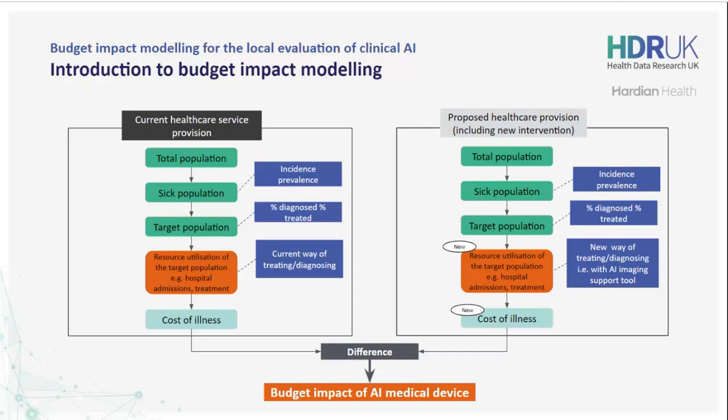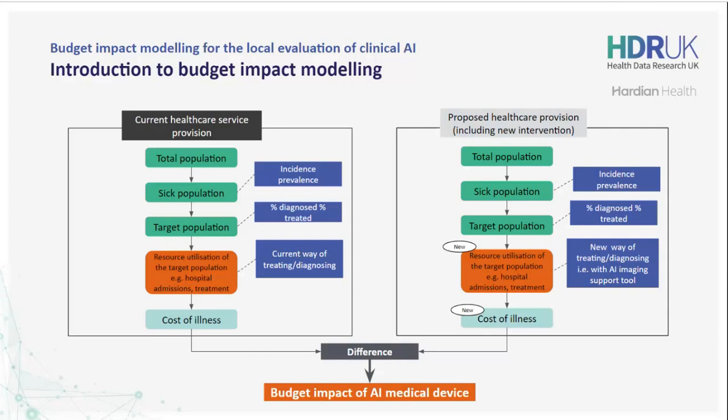And once you have that target population, you then map out the resource and clinical resource use pathway of those patients, assigning a cost to each key node in that pathway.